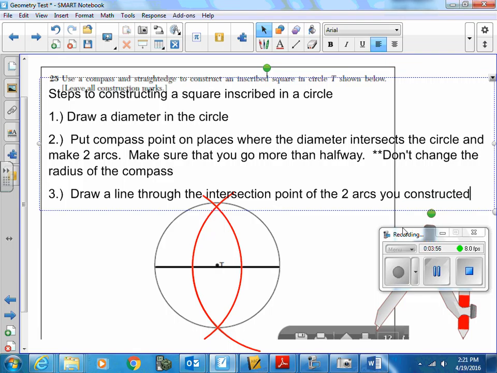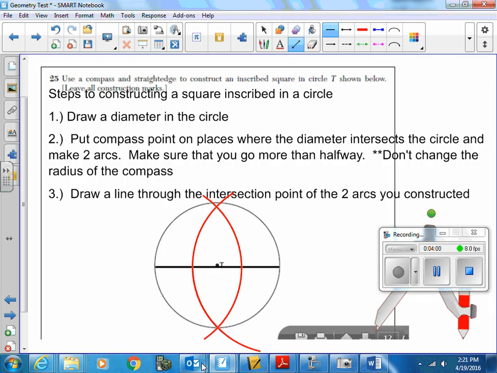All right, so we're going to draw a line through. I'm just going to use this, and if you did it right, it should go through the center point, and it does.